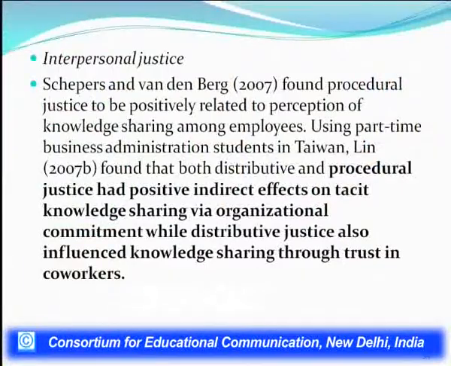Another important individual factor that encourages knowledge sharing is interpersonal justice. Schepers found procedural justice to be positively related to the perception of knowledge sharing among employees.